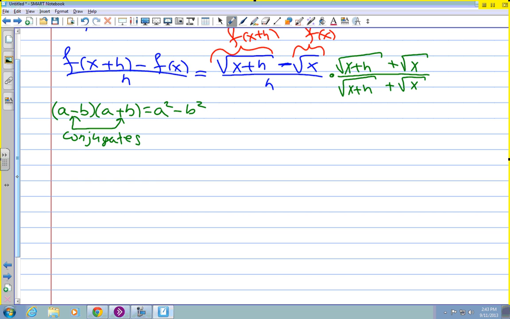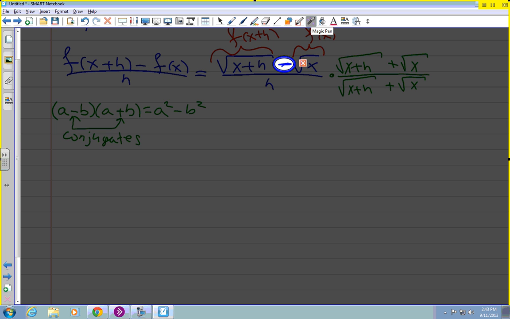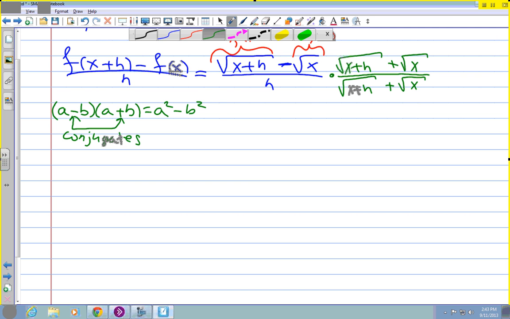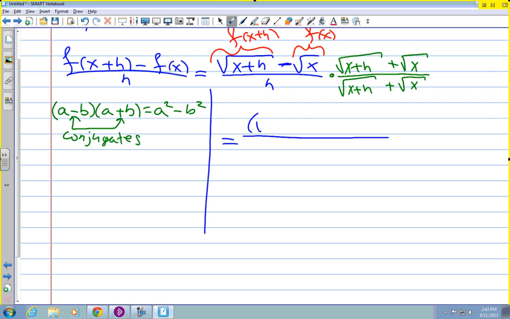So using the difference of squares formula, I'll end up with the square root of x plus h squared minus the square root of x squared, in the numerator. In the denominator, nothing fancy, just the straight product.